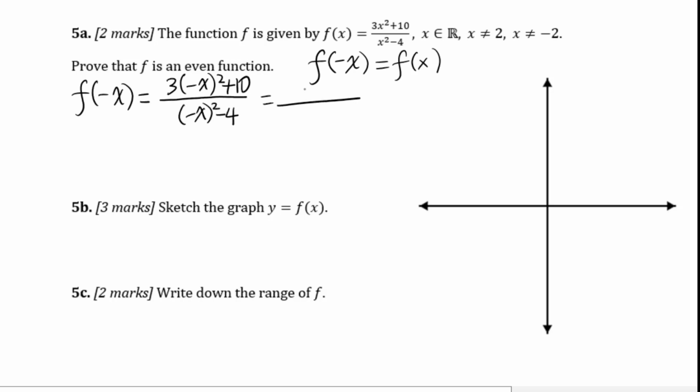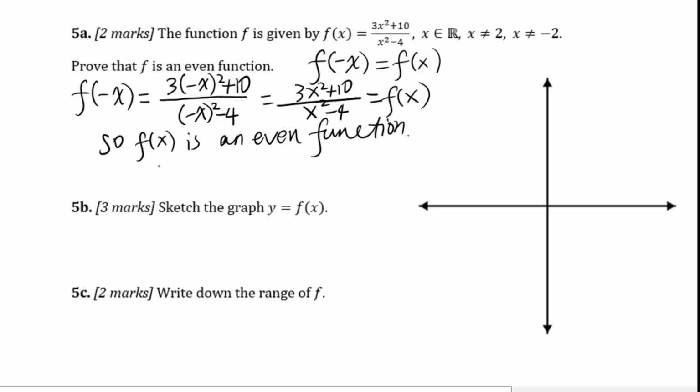So we have 3x squared plus 10 over x squared minus 4. This equals f of x. So f of x is an even function. The graph of an even function will reflect across the y-axis.